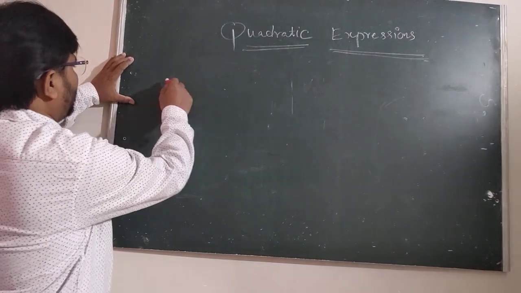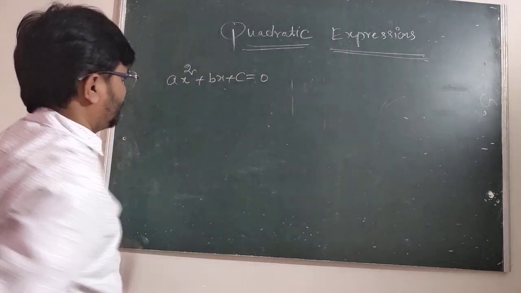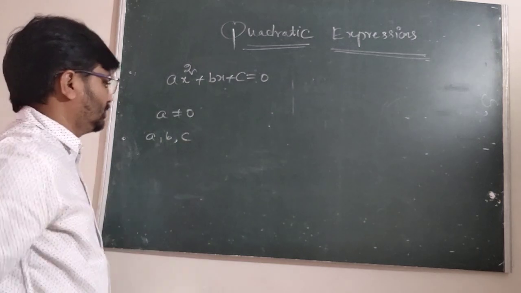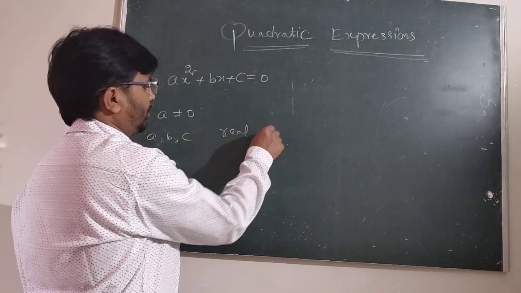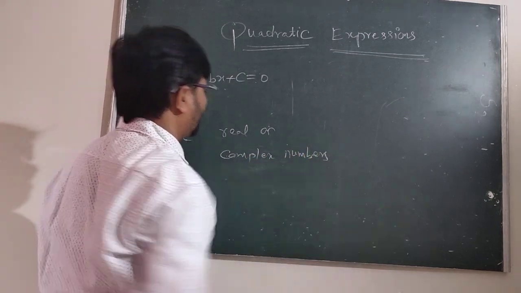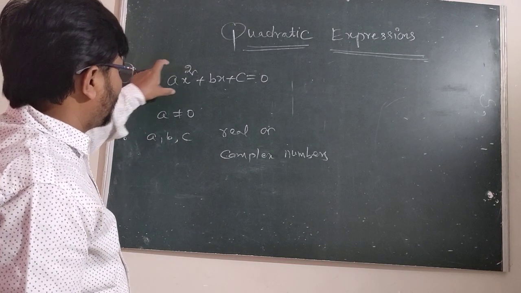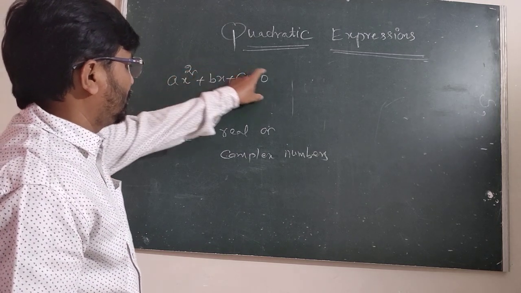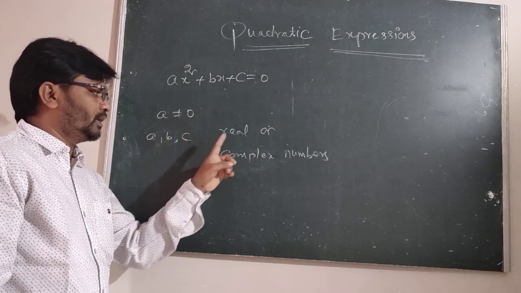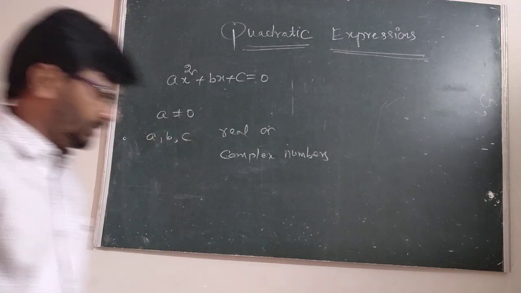An equation in the form of ax square plus bx plus c equal to 0, where a not equal to 0 and a, b, c belong to real or complex numbers, is called a quadratic equation.